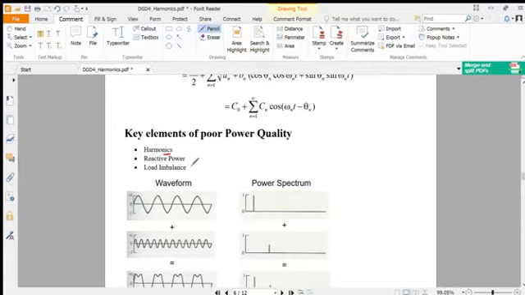Due to the lagging nature, the real power will be reduced from the apparent power. And there is another reason, which is the load imbalance. If there is an imbalance between three phase loads, it could reduce the power quality.